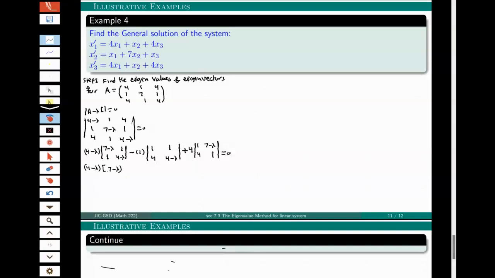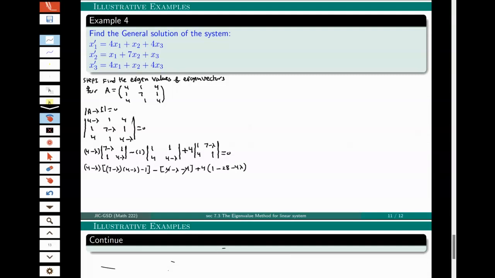I will say 7 minus lambda times 4 minus lambda minus 1, and here minus, I will have 1 times 4, 1 times minus lambda minus 4, again that will be plus 4 minus 4, 0, that will be 4 times 1 minus 28, 4 times 7, and 4 times minus lambda.